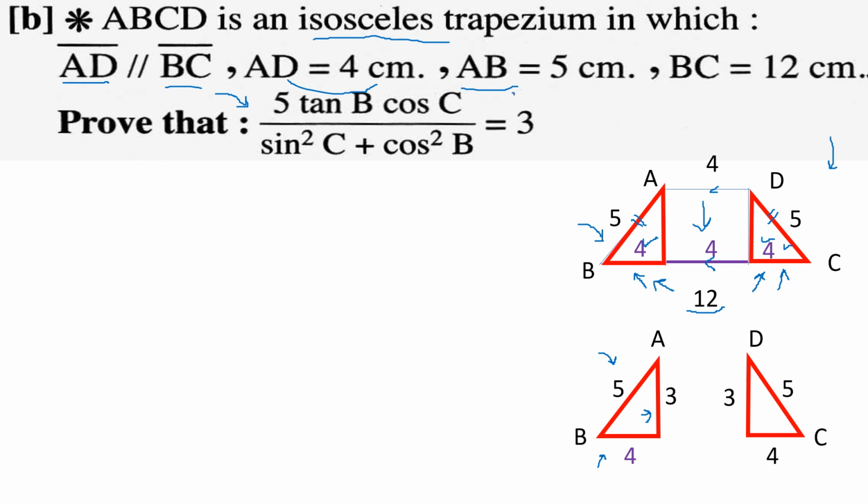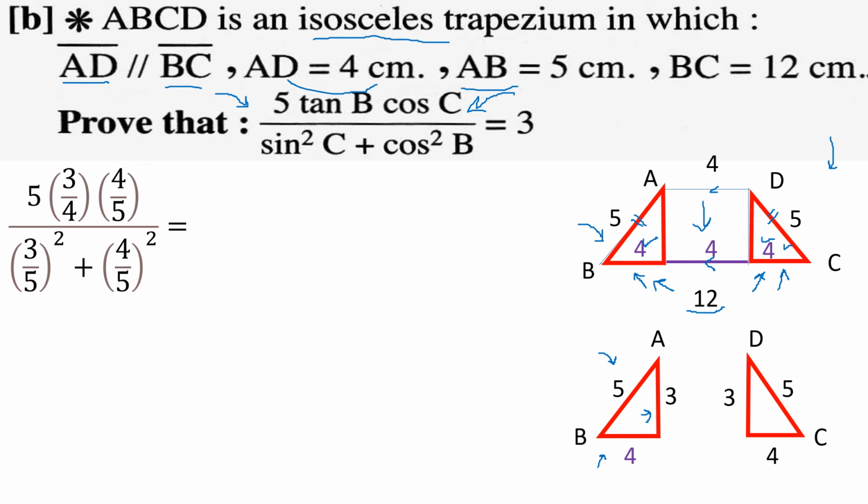Let's start on the quantity on the left hand side and substitute. 5, we put the 5 as it is. 10b, here is my b. The second is opposite over adjacent, so 3 over 4. After that cosine c. Here is c. Its cosine is adjacent over hypotenuse, which is 4 over 5. We put it already.